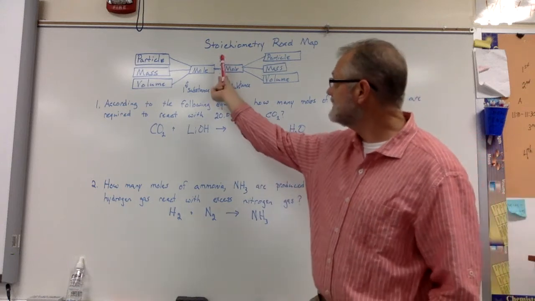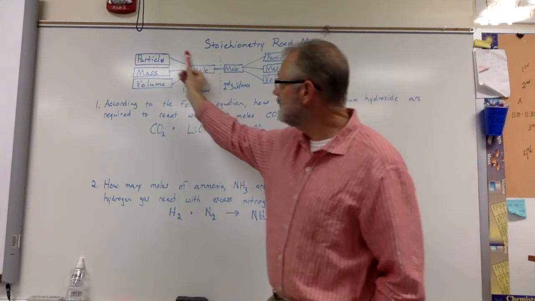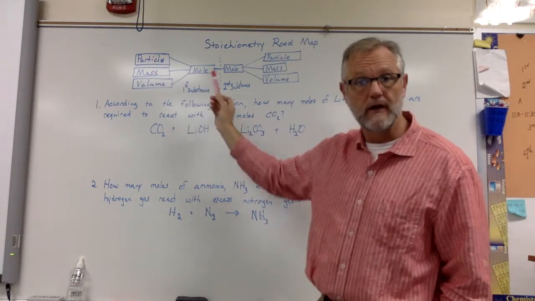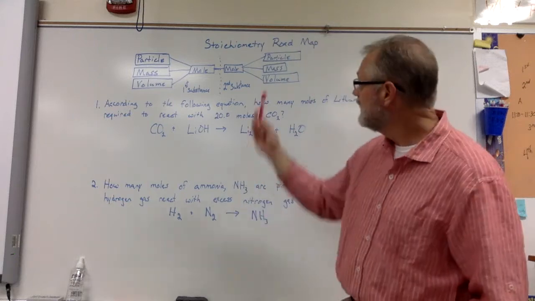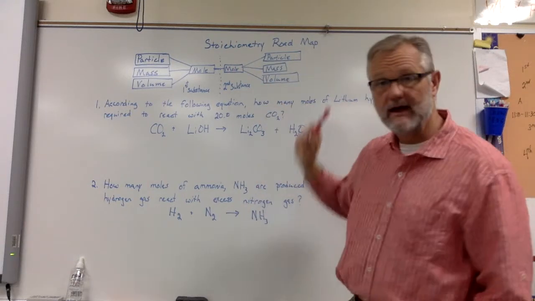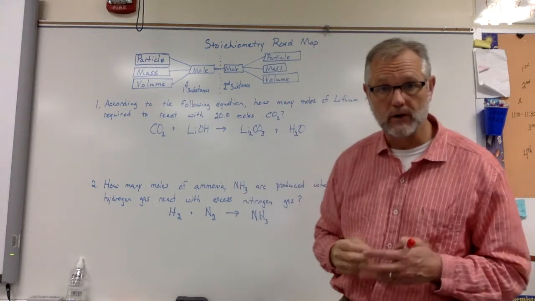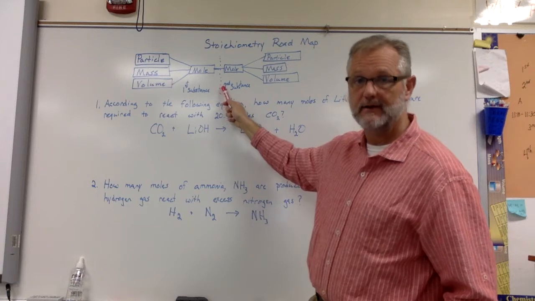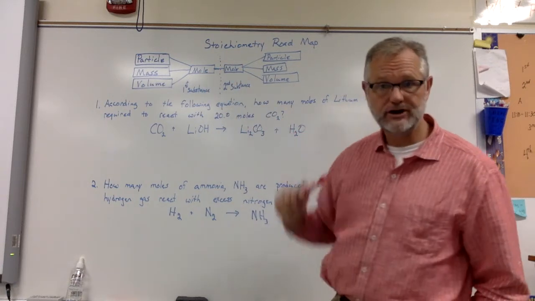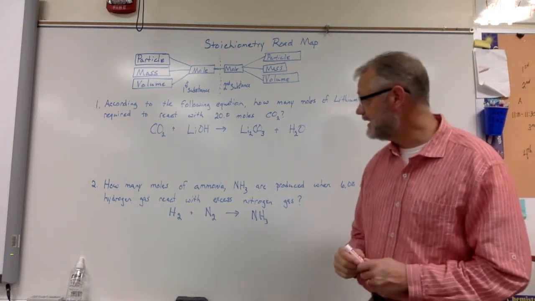Well, and you can probably see that small little dotted line, this is going to be the math that we use for the first substance, whatever they give us in the problem. This is going to be the math for what we're actually looking for. And if you look, how are the two substances related? The mole-to-mole ratio. And that's what we're going to be looking at over the next 3 videos.